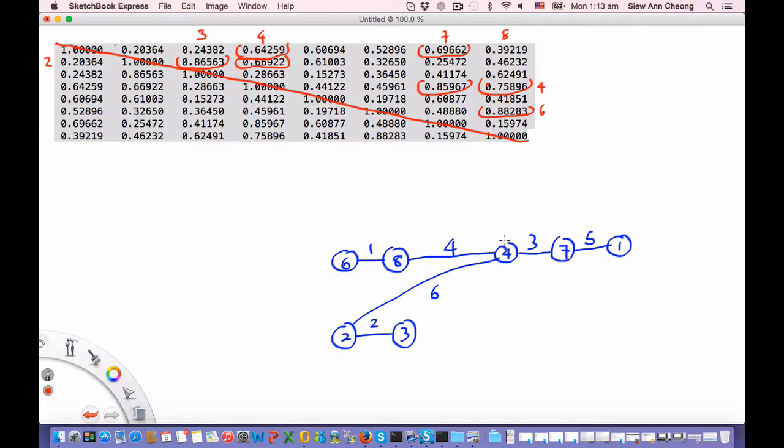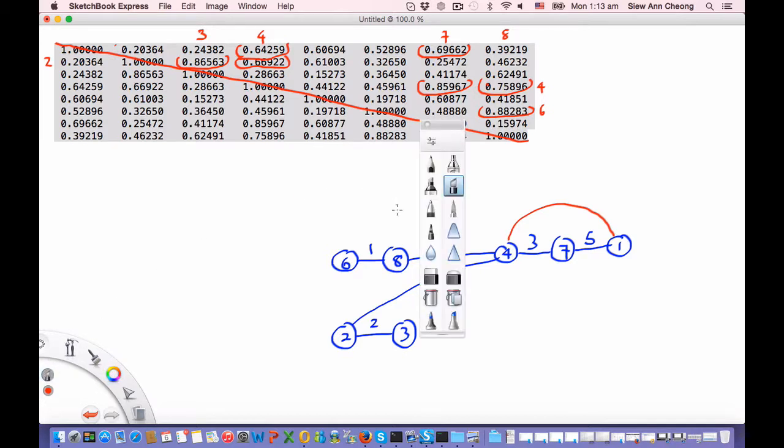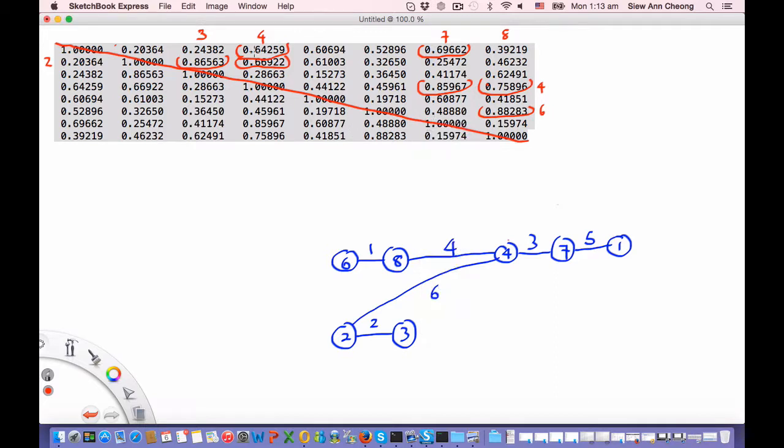But if we join 1 and 4, it will form a loop. So this is not acceptable, and we have to ignore this particular link. I'm erasing it again, getting rid of it. This is not acceptable.